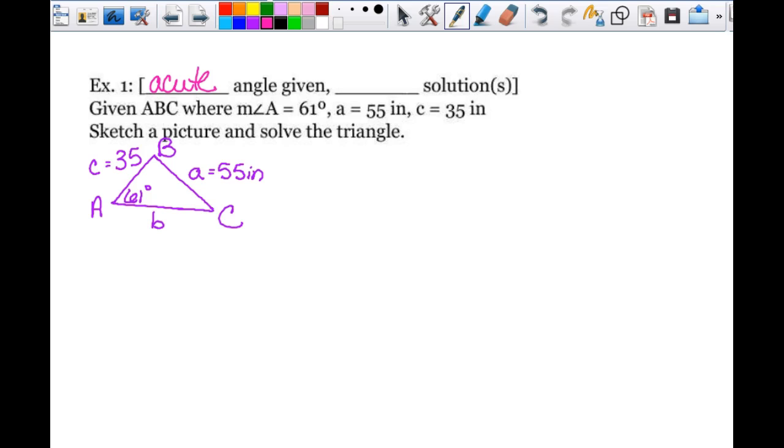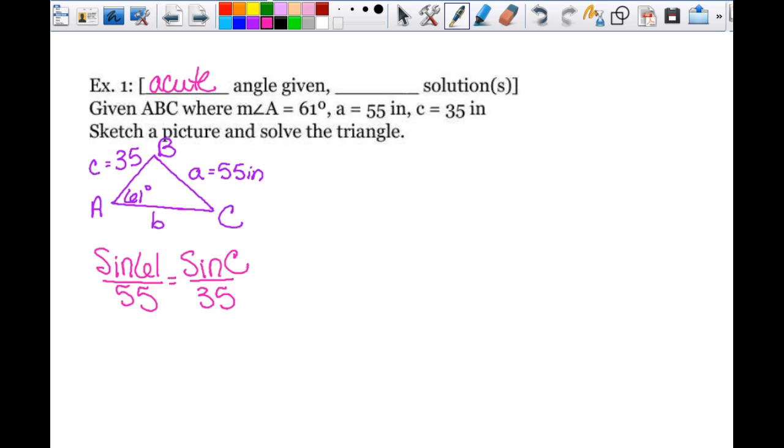So you're going to do this law of sines, because this is still the law of sines. I have to use these two, right, because these are the two I have the information for. So I know that the sine of 61 over little a, which is 55, is going to be equal to, well, I have little c, that's 35, that goes down here. So this would be the sine of C up here.